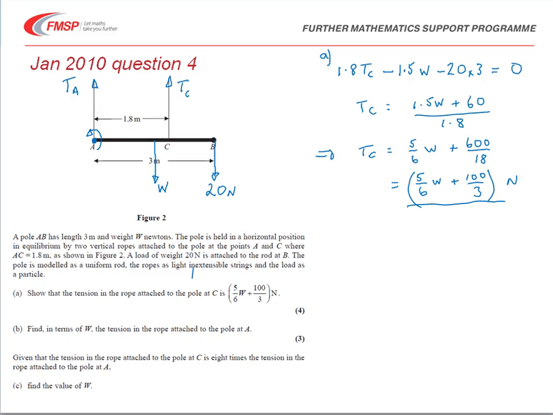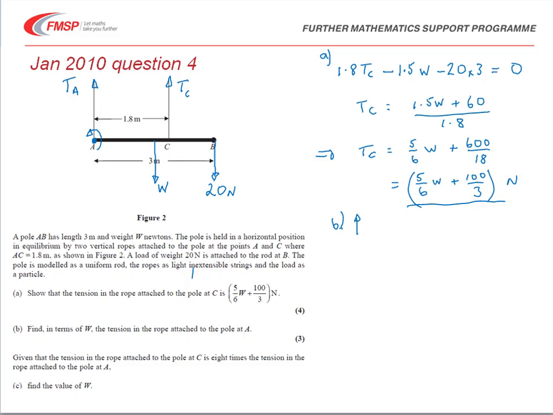In part B, we're asked to then find the tension of the rope at A. Well, again, we could do this by moments, by taking moments perhaps at point C. However, easier than that is to look at the forces vertically, so resolving vertically and equating those.